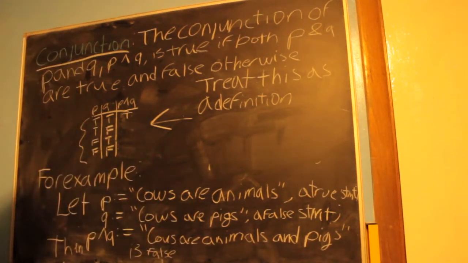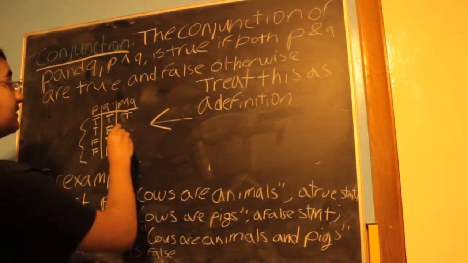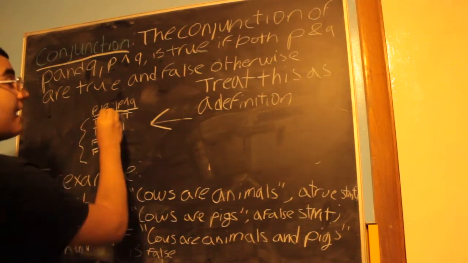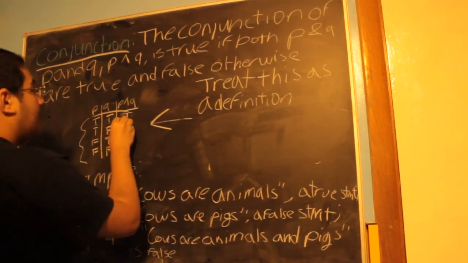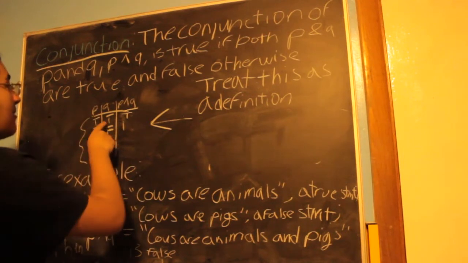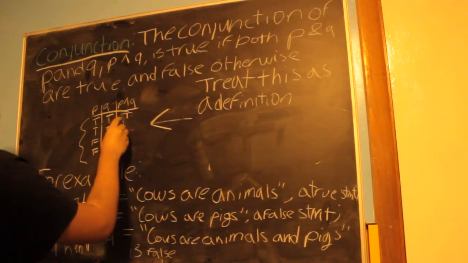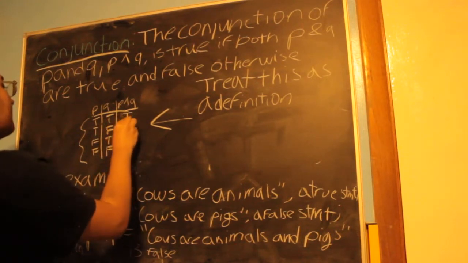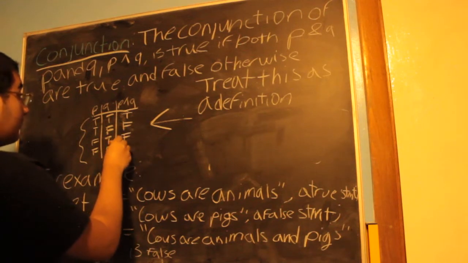So, okay. It's false otherwise. After our brief digression, we're ready to go back to the truth table. So P and Q, remember what we did before? It's true if both P and Q are true. But when one of them is false, it's false. And if one of them is false here, it's false.